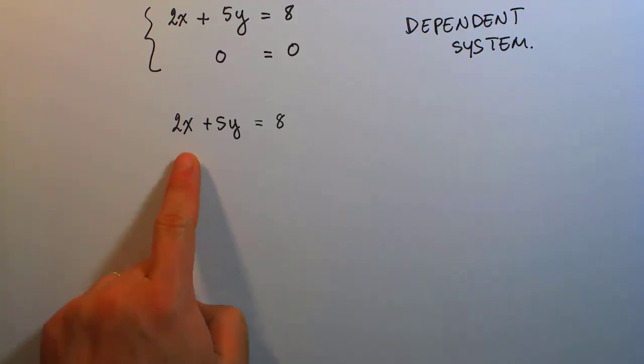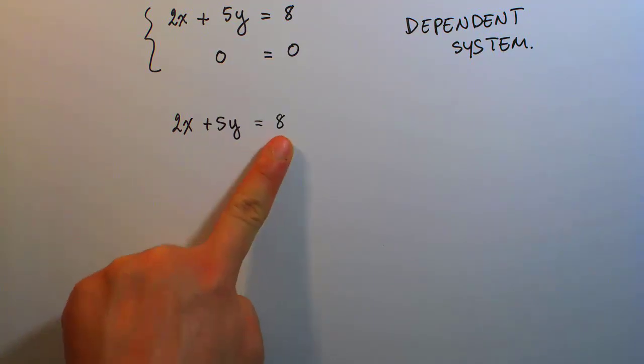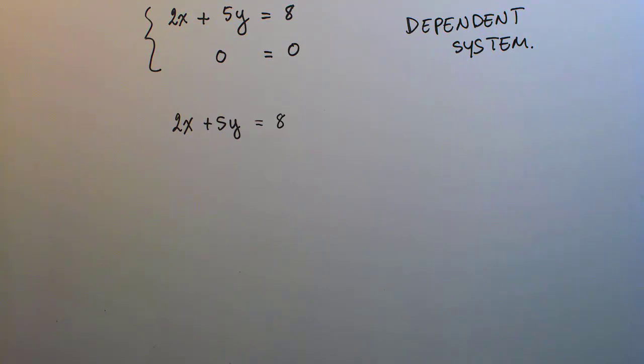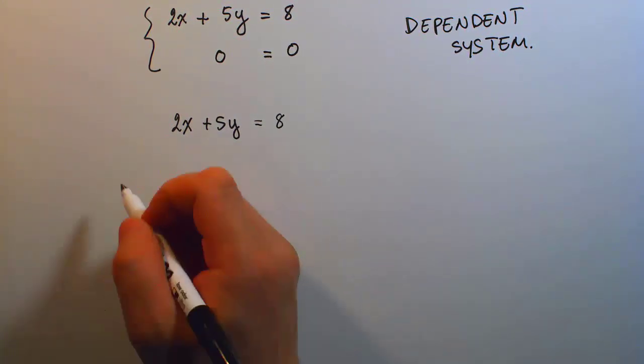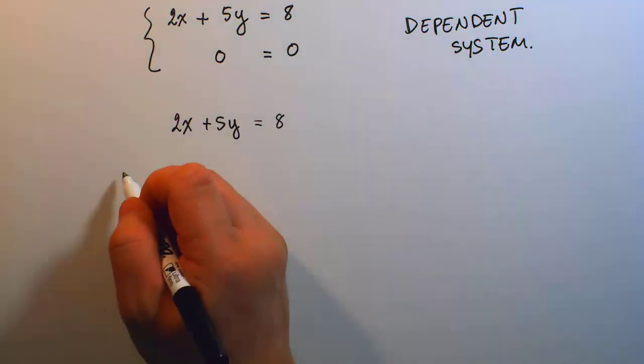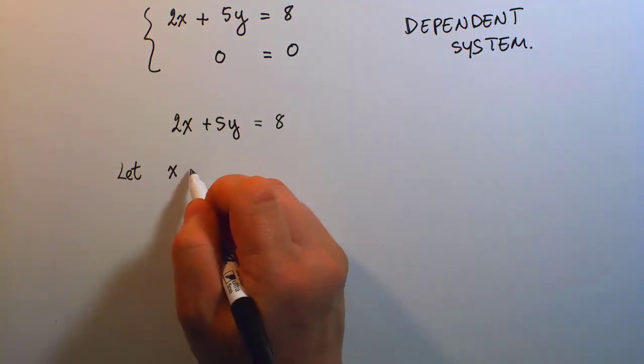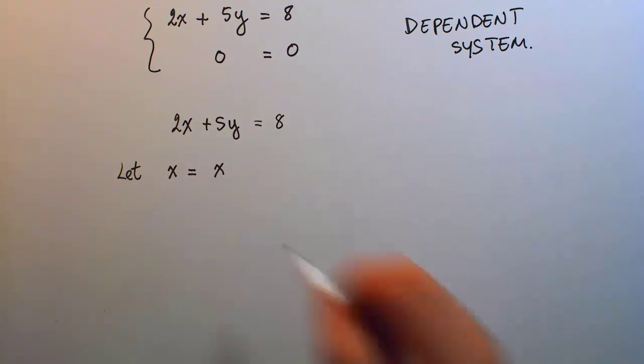Parameterizing this final equation can be done in two different ways. One way, we let x equals x.